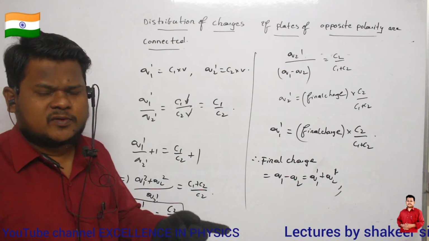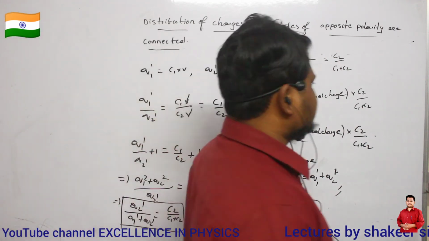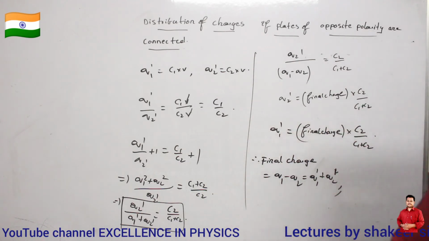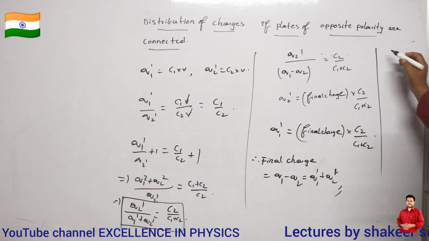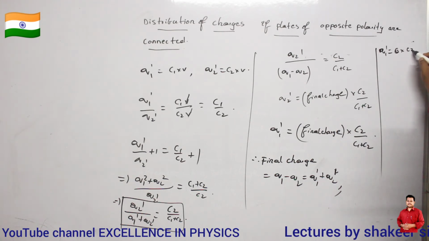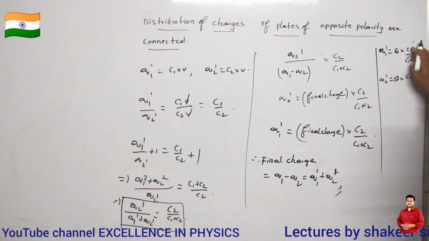Previously, when the positive plate was connected to the positive plate, what was the equation for the distribution of charges? Do you remember? Q1 dash is equal to Q into C1 divided by (C1 + C2), and Q2 dash is equal to Q into C2 divided by (C1 + C2).